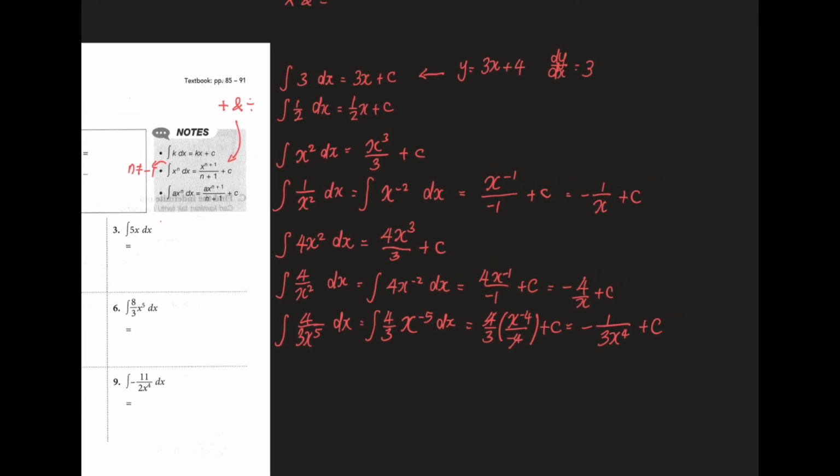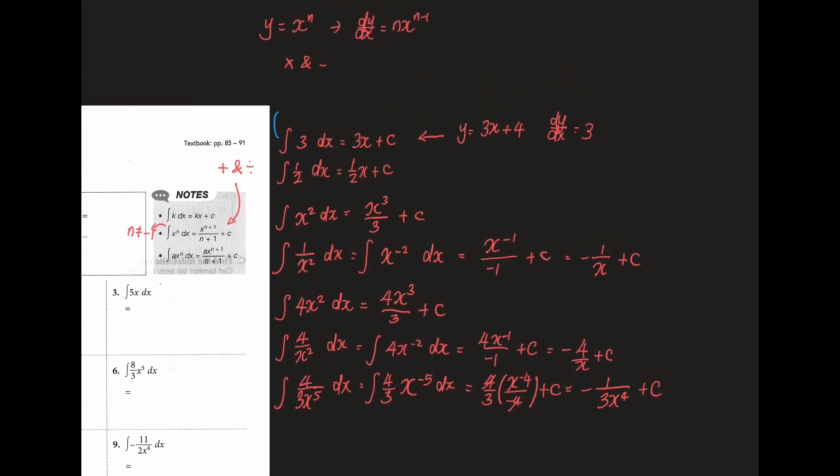Okay, so that's the thing. And let's look at one last example. I try to relate with this. Okay, look at this. If I integrate 3, it is actually 3x power 0.